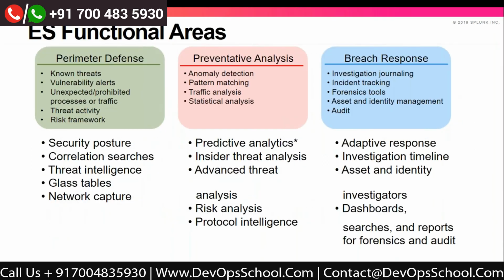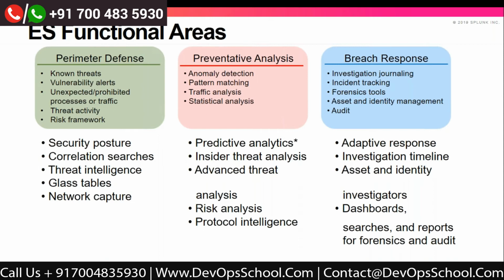The ES functional area covers perimeter defense, like if we have some known threat or vulnerability alert, threat activity, or some risks. It can manage and detect that. For that, we have the security posture dashboard, correlation searches, threat intel, and tools to capture network traffic, like HTTPS, SSL, or DNS traffic.